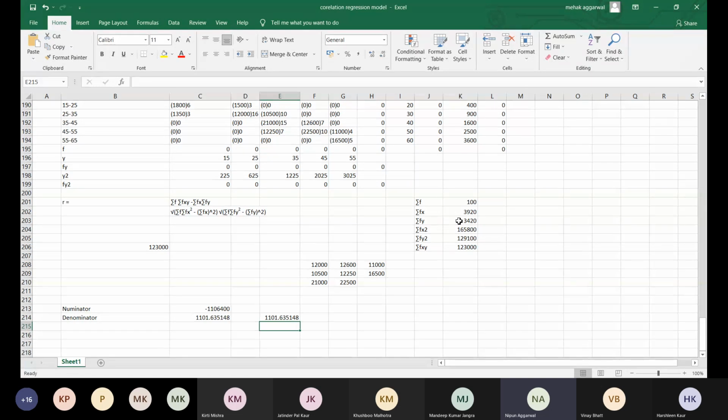Both values are coming same. Okay, no issues. Fine enough.